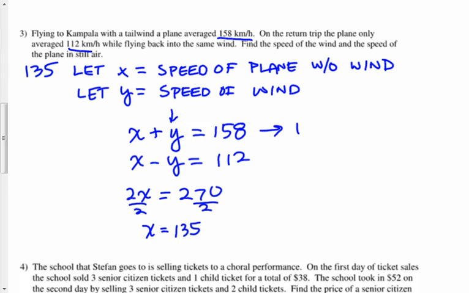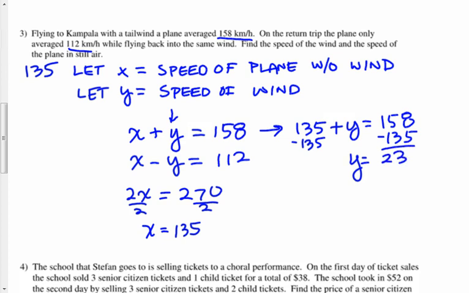So 135 plus the wind speed should equal 158. Subtracting 135 from both sides, we get our wind is 23 miles per hour. So 135 miles per hour for our plane and 23 miles per hour for our wind.